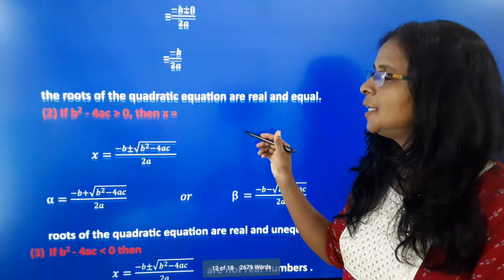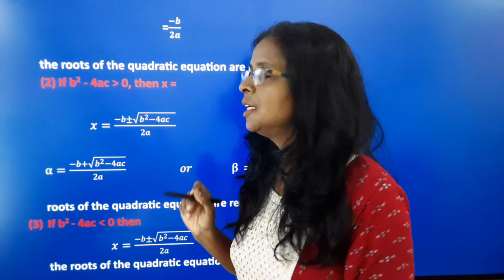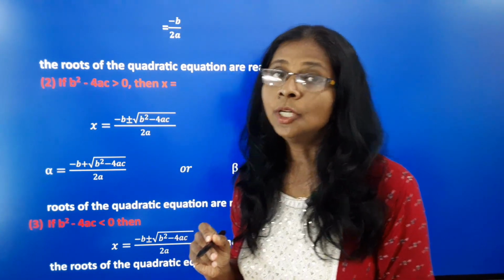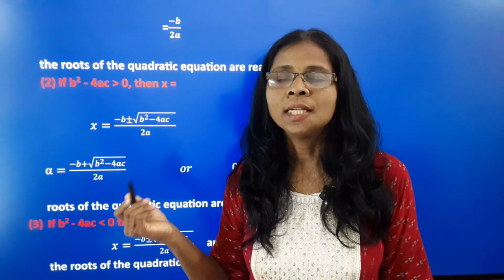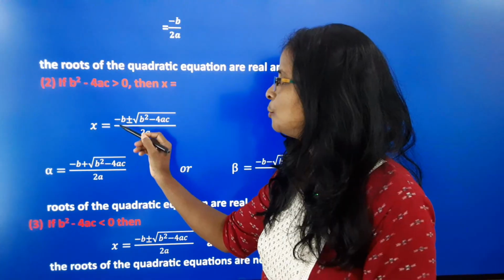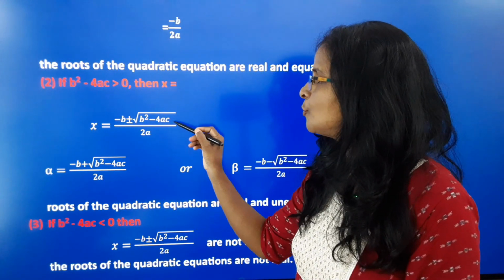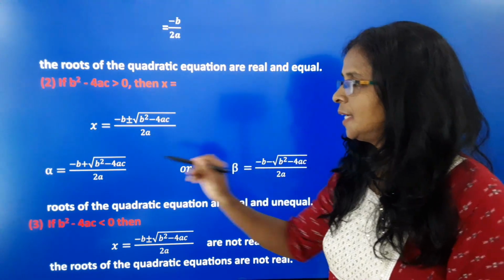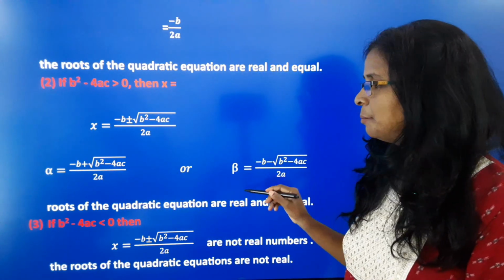Now the second condition: if b square minus 4ac is greater than 0, that means the value should be positive. Here x is equal to minus b plus or minus square root of b square minus 4ac upon 2a. This is alpha with the plus sign and this is beta with the minus sign.